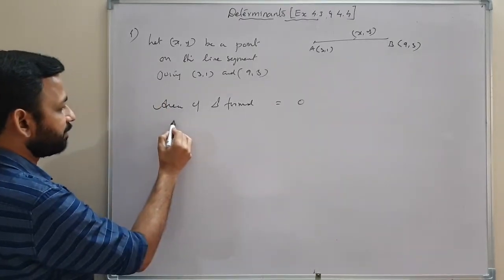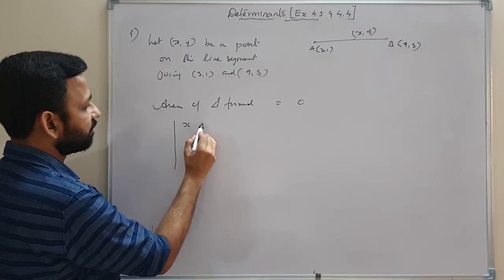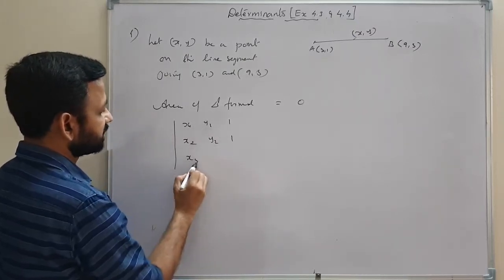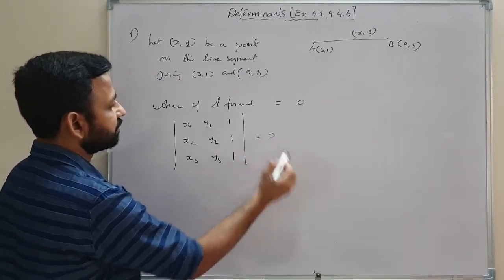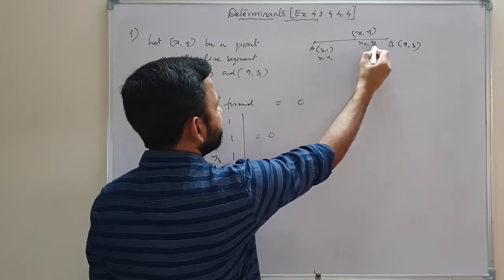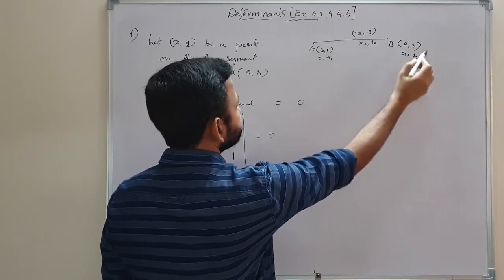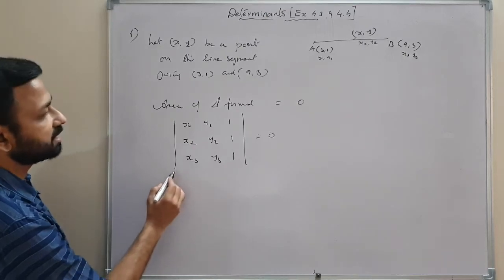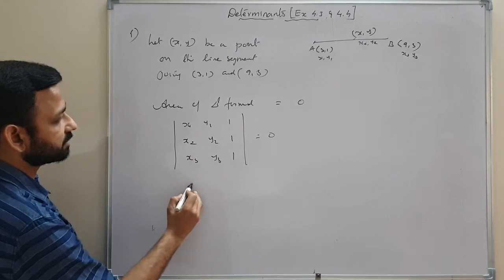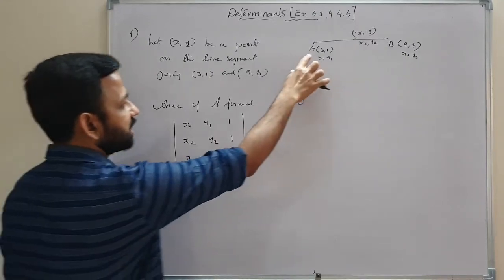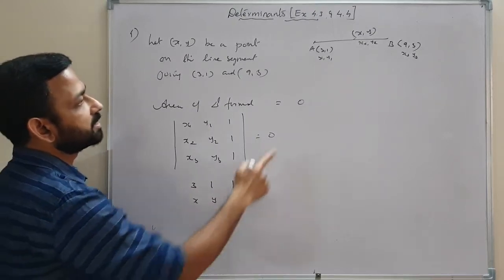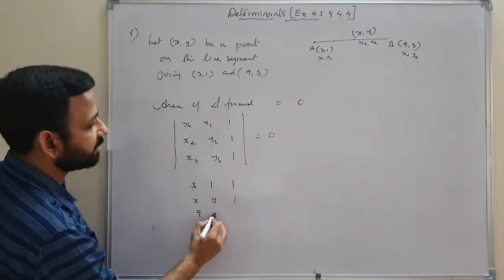Then that area can be found by using that formula: determinant of x1, y1, 1, x2, y2, 1, x3, y3, 1 equal to 0. Now we replace x1, y1 with 3, 1, then x2, y2 with x, y, then x3, y3 with 9, 3.